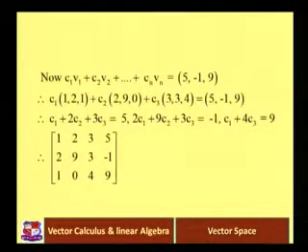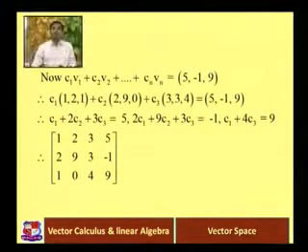So C1 plus 2 C2 plus 3 C3 is equal to 5. 2 C1 plus 9 C2 plus 3 C3 is equal to -1, and C1 plus 4 C3 is equal to 9. From these equations we get the augmented matrix with rows (1, 2, 3 | 5), (2, 9, 3 | -1) and (1, 0, 4 | 9).